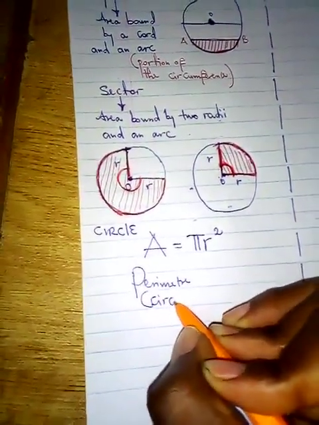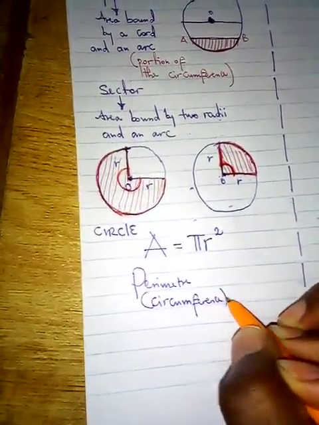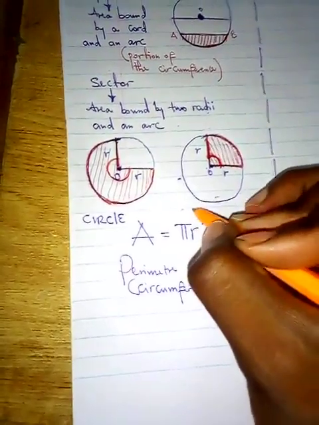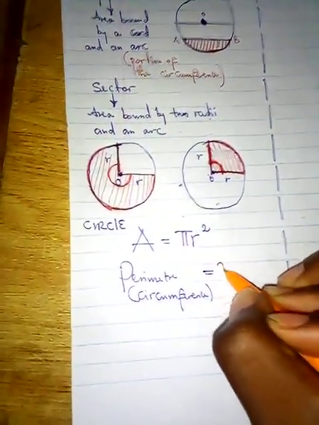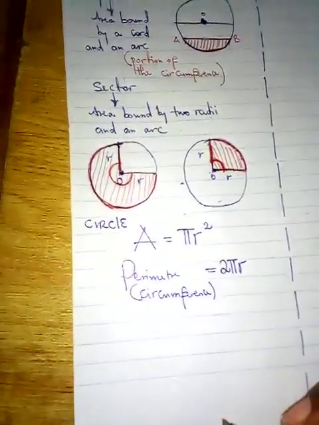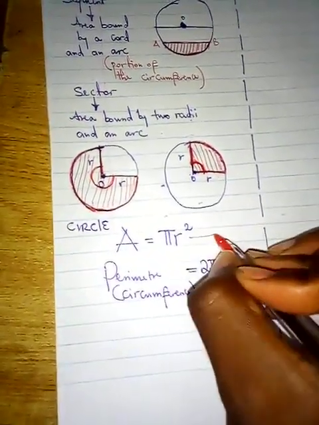Don't forget that. The perimeter of a circle is just 2 pi r. So it's just basically getting these two and then you drop it here. So this is just going to be 2 pi r. These are the formulas that you need to know concerning a circle.